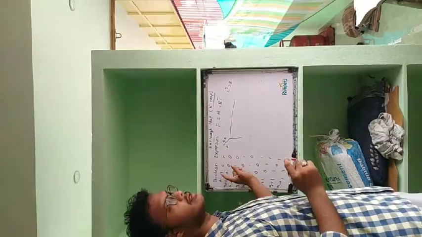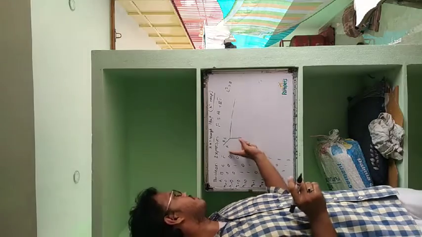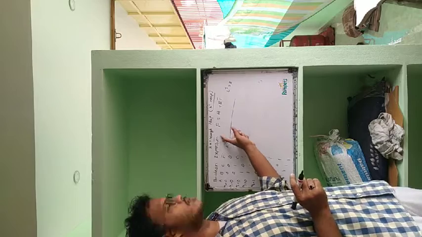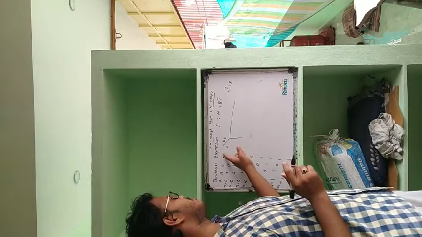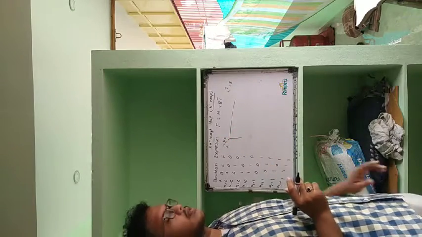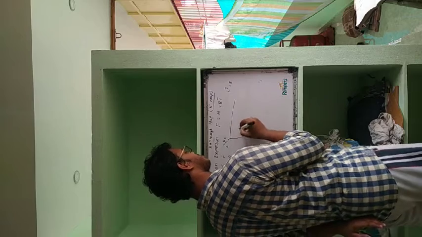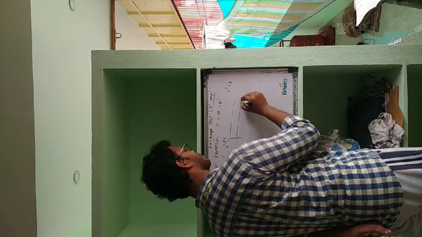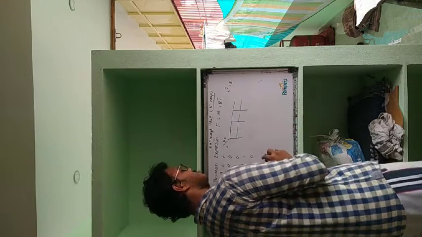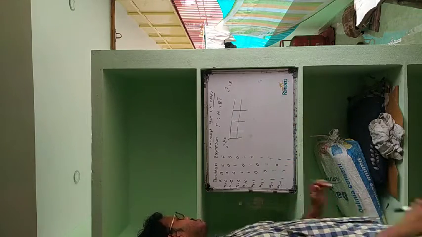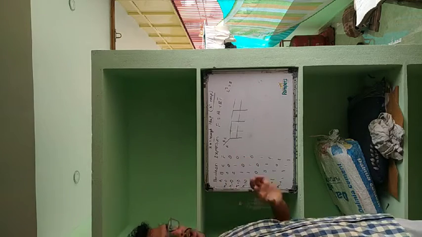A is the MSB, C is the LSB. We have to start with A and B. We have to follow this rule: A, B, C. We shouldn't start with B, C and A. Next, here A is changing from 0 to 1, meaning A complement to A.